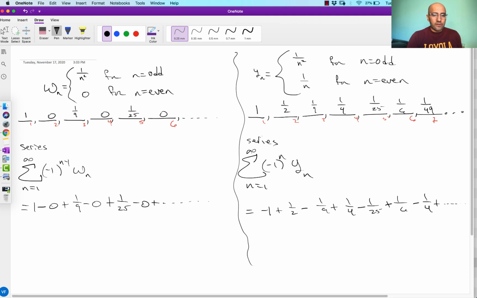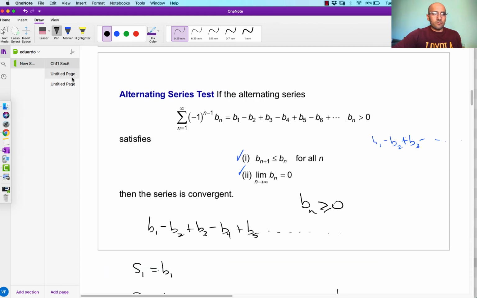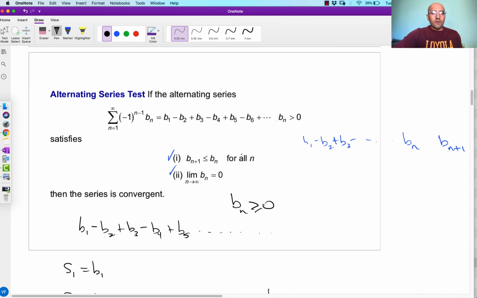Okay, so these are alternating series. Let's consider the conditions for the alternating series test. Let's take a look at those one more time. Here was the statement for the alternating series test: we had this sequence with alternating values, and as long as both of these two conditions were satisfied, we were able to conclude that the series was convergent.